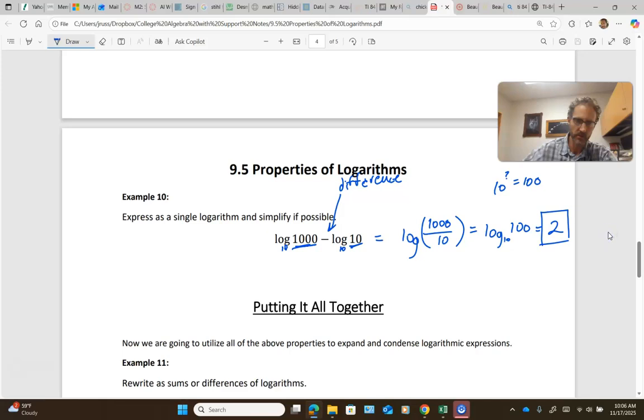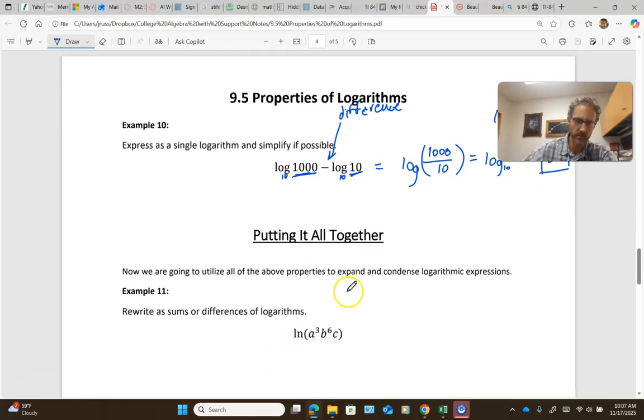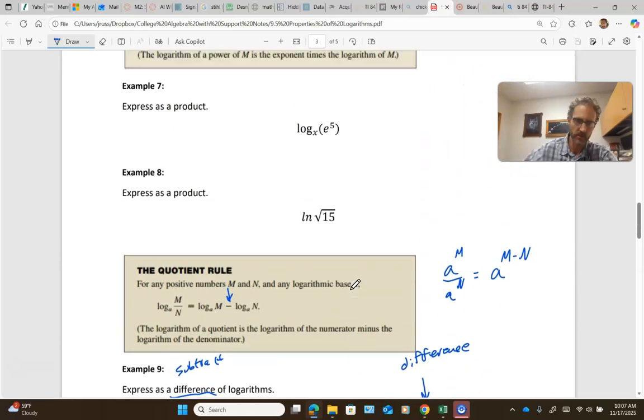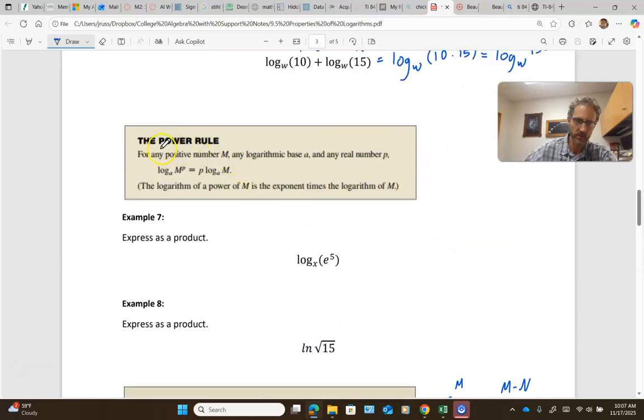Alright, let's look at this last property of logarithms, and then we'll put all of this together in part 2. The last property is the power rule.